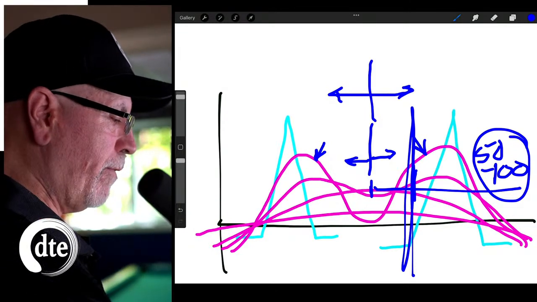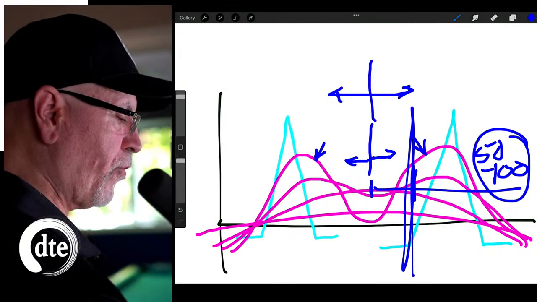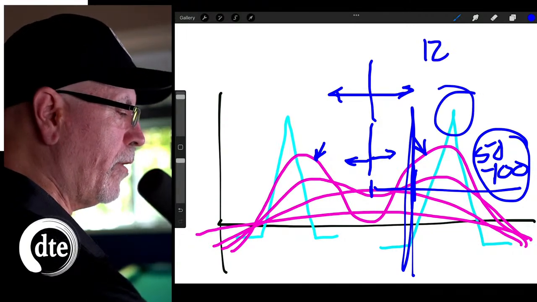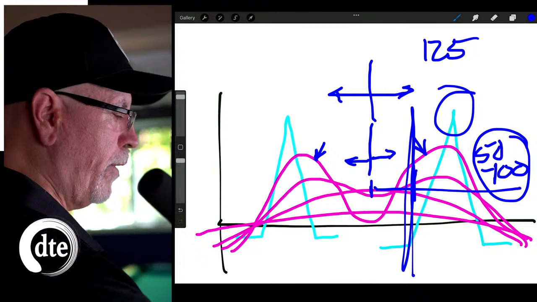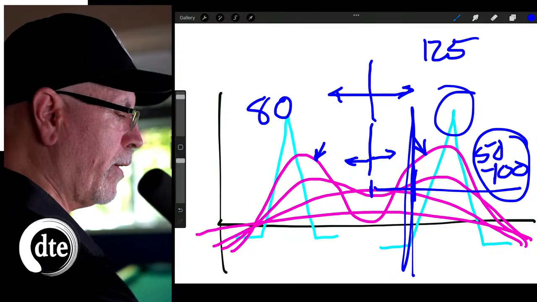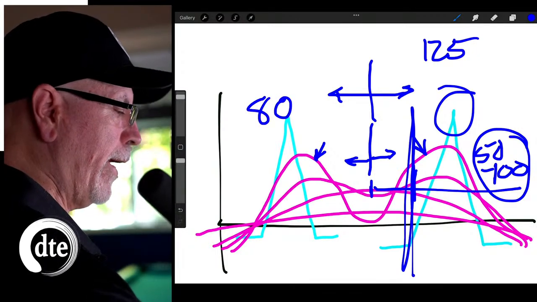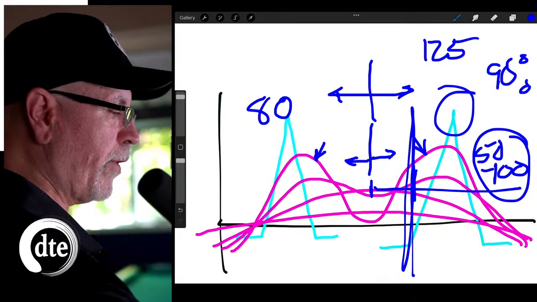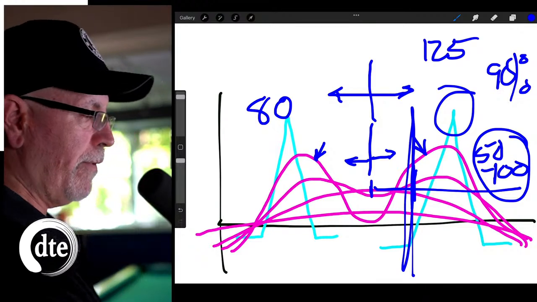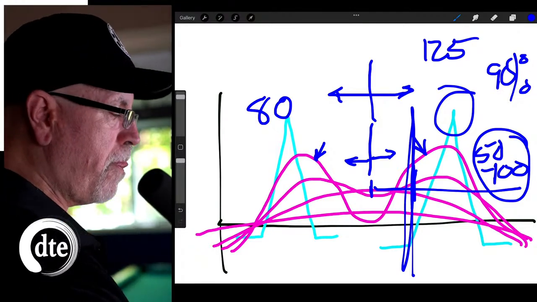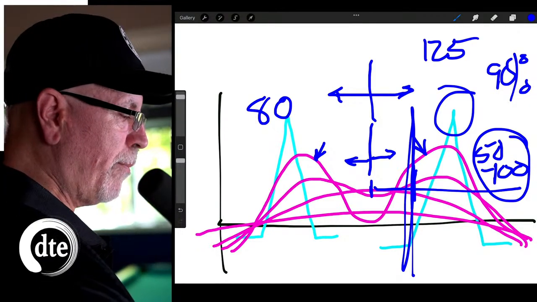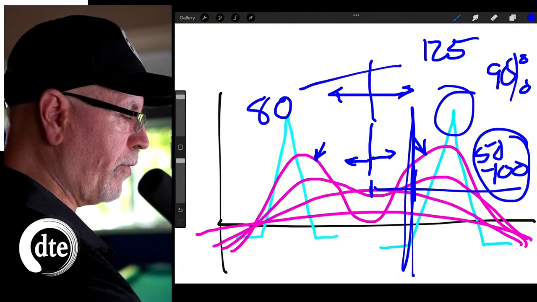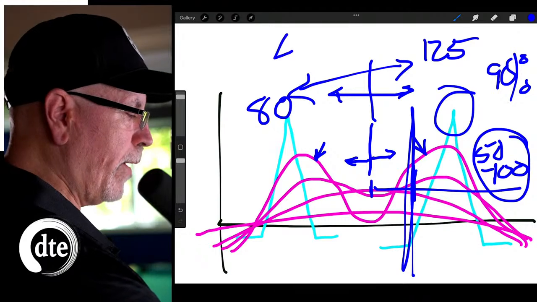This trade right here might be worth, say, $125. Now, this trade cost me 80 right here. But if I can get out with, say, a 90% return, because this trade right here cost me 135 approximately, I would come out of that with the difference between these two of $45.